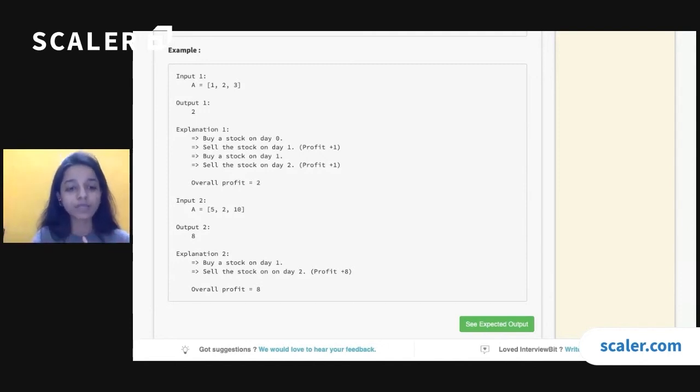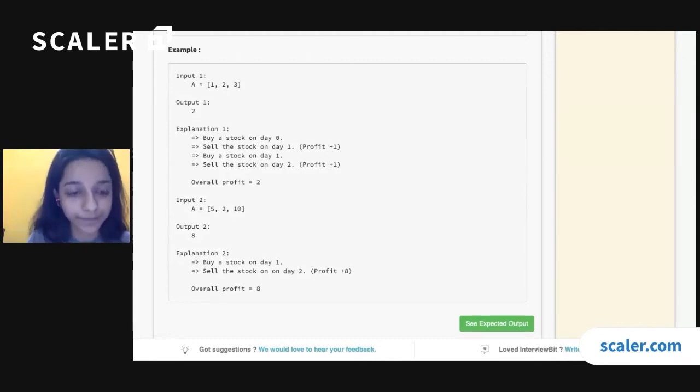Please understand this problem, as many people feel confused by it. Once you have bought the stock, first you have to sell it, and only then can you buy again and sell. That's what the problem is.